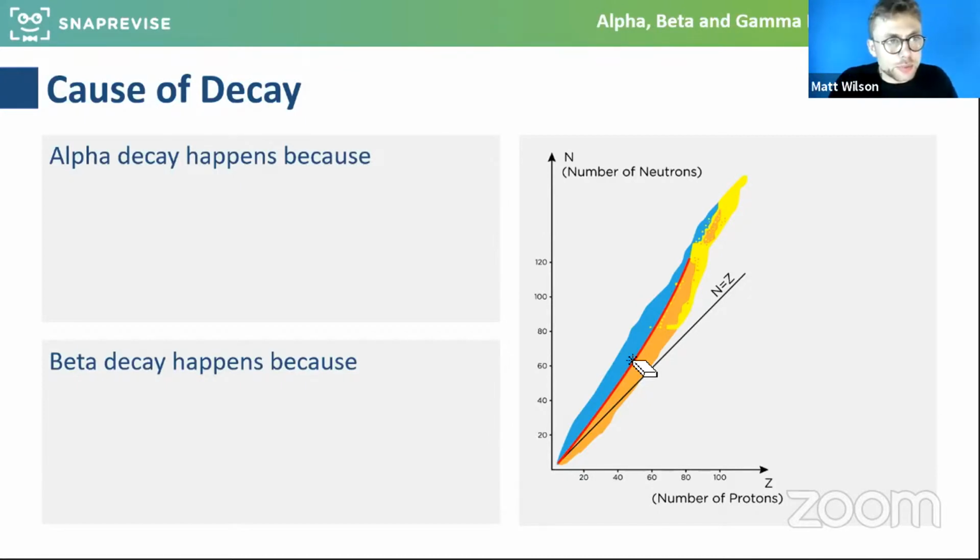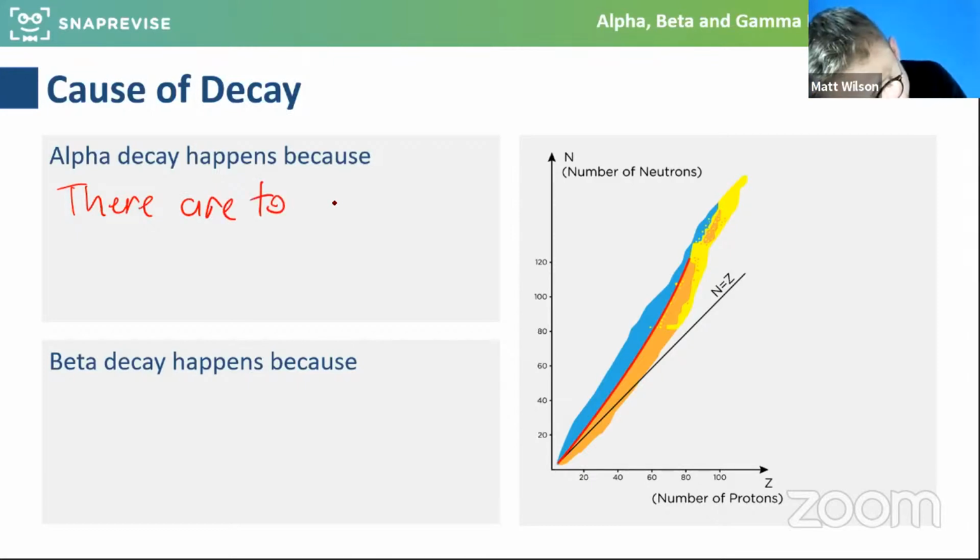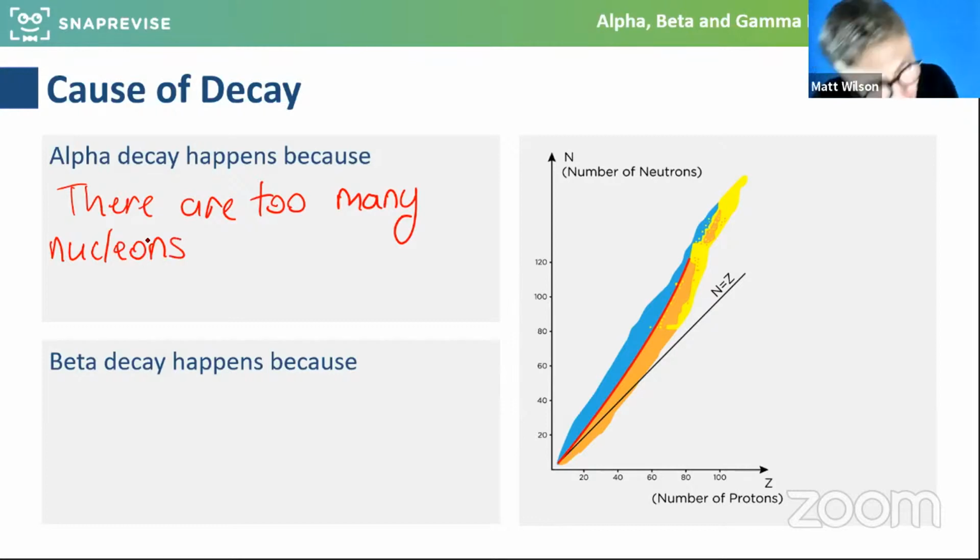So alpha decay happens simply when there are too many nucleons. Now, when I say stable here, what I essentially mean is, can the nuclear force, which is the thing that attracts all of these nucleons together, can the nuclear force actually be strong enough to hold everything together?